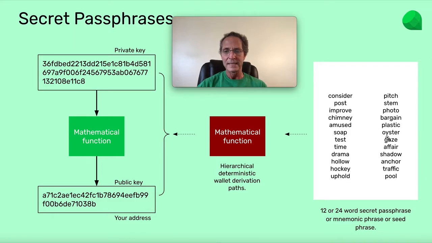But the way it works is that from this information, from the 12 words or 24 words that have to be in exactly the same order, the same spelling, etc., they go through a mathematical function, which is called a hierarchical deterministic function.